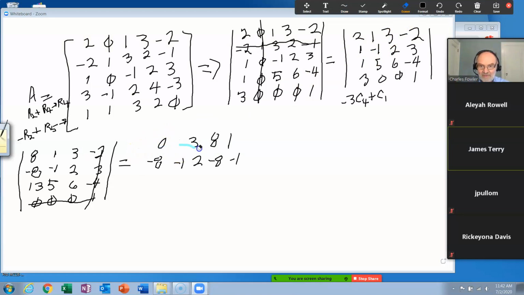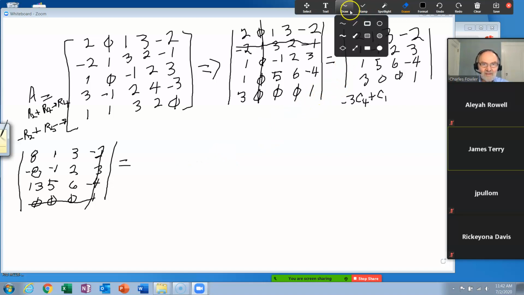Let me wipe out this for a moment. Anytime you see a gift horse, don't look it in the mouth, okay? Let's just go on and do it. Let's just add row 1 to row 2 or row 2 to row 1, I don't care which.